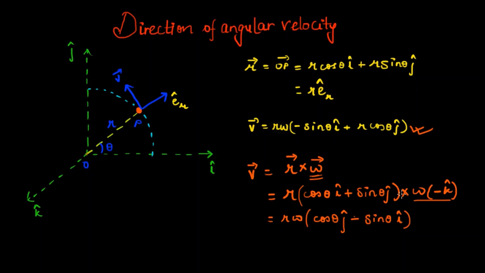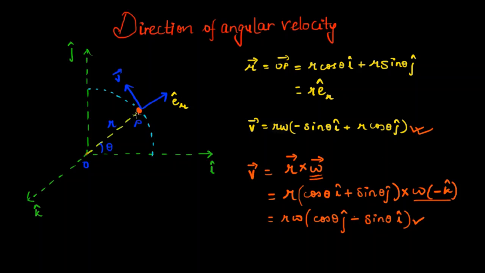So now if you do the cross product, you will find that the cross product of i and k vector is minus j cap, and minus minus gets cancelled, so you will get cos theta j cap, and the cross product of j and k is i cap, so you will get minus sin theta i cap. So now you see, when we do the cross product, this term is exactly the same as this term.